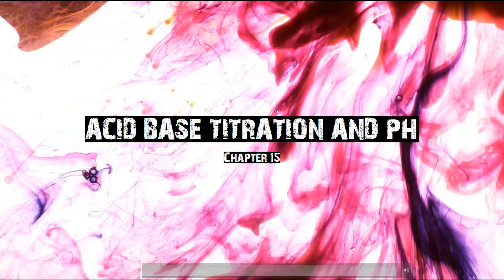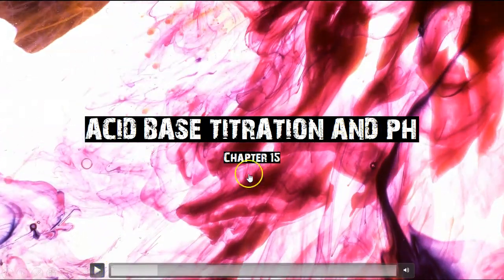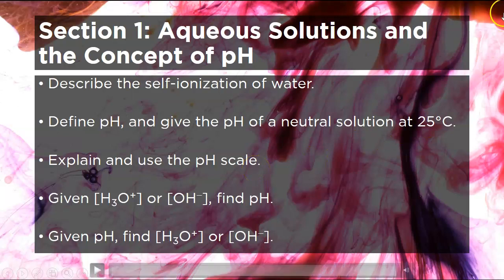So in this chapter, we're going to be talking about titrations between acids and bases, and the pH, which you're probably familiar with just generally. If you ever measured the pH of your pool, things like that. We're going to learn what pH stands for, or what it tells us.